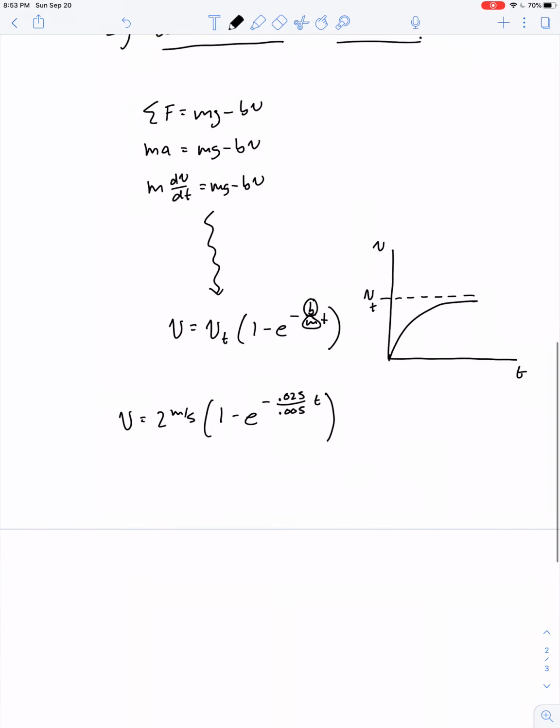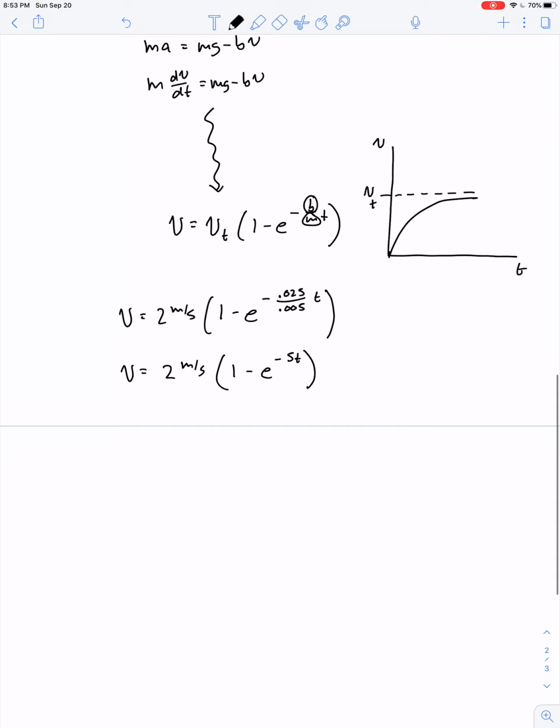If we let t equal 1, let's simplify this. This means v equals 2 meters per second times 1 minus e to the negative 5t. So let t equal 1, and v is equal to 2 meters per second times 1 minus e to the negative 5. That's the same thing as 2 meters per second times 1 minus 1 over e to the 5th.